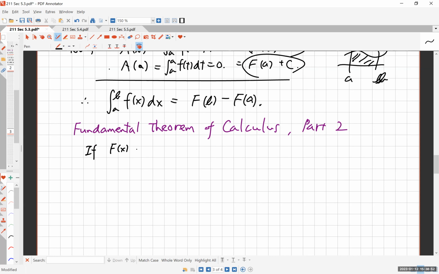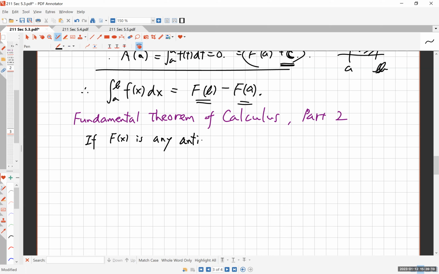So it doesn't matter what the constant is. If F is any antiderivative of f(x), that is F prime of x is the given function, then we know how to find the integral of f from a to b.